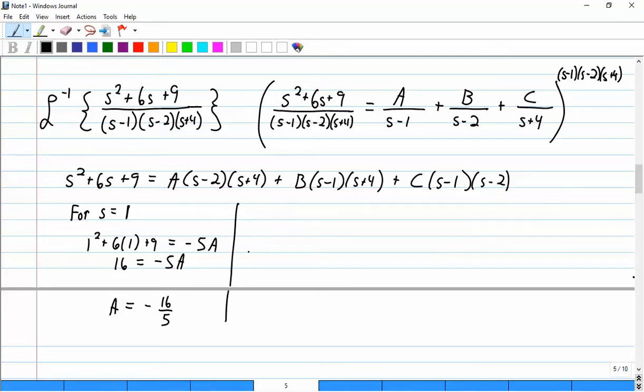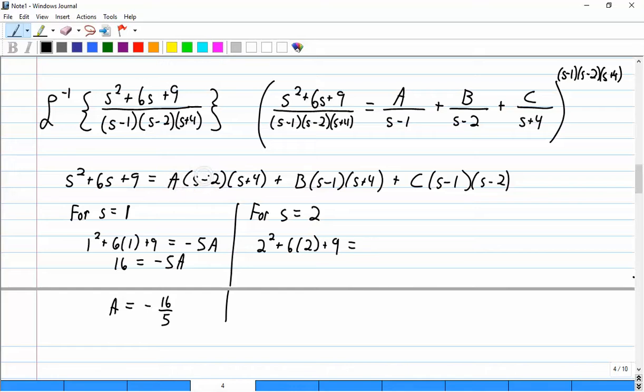Now, what should I choose for s next? How about 2? If I let s equal 2, I'm going to have 2 squared plus 6 times 2 plus 9 equals, now what happens when I let s equal 2 with the A term?